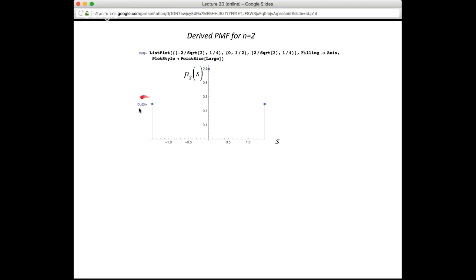And then out here at minus 2 over square root 2, we have a 1/4 probability. And over here at 2 over square root 2, we have a 1/4 probability of 0.25. And then everywhere else we have 0. So this is the derived PMF for the random variable S given n equal to 2.